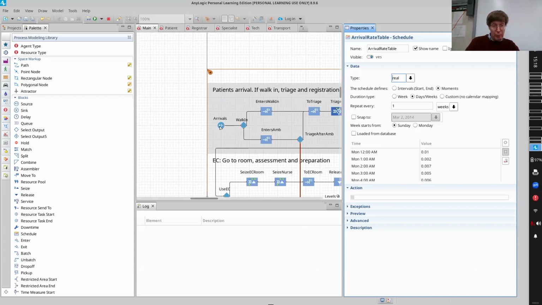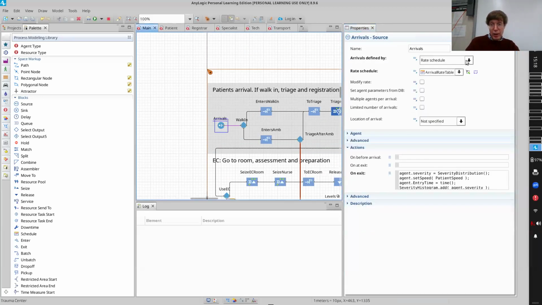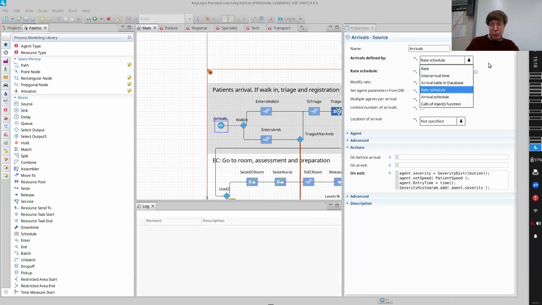Here we go, a source, and you can have a rate schedule, a certain rate or an inter-arrival time or database-based schedule, or you can dynamically schedule, say, inject an entity into this. So this is for arrival of entities, which are going to flow through this workflow, right?